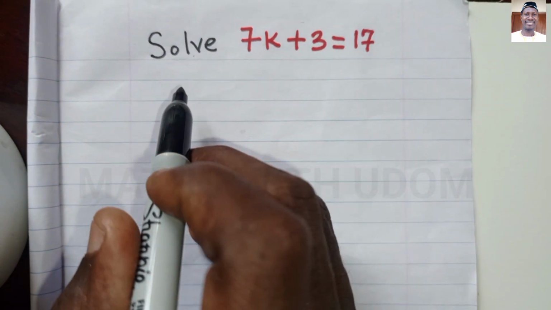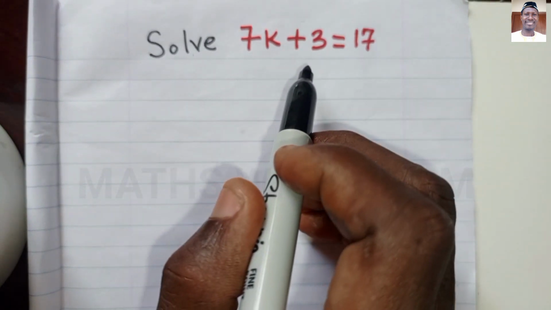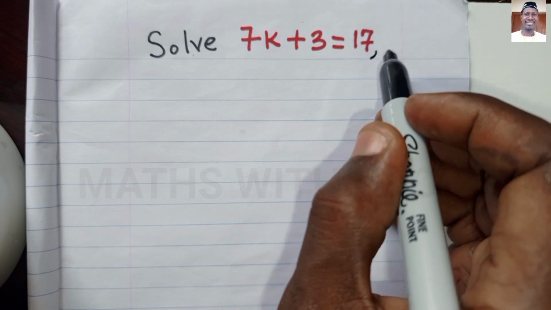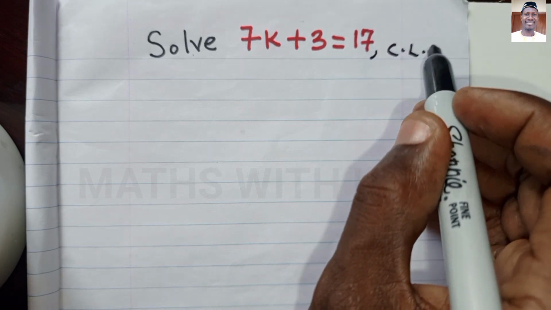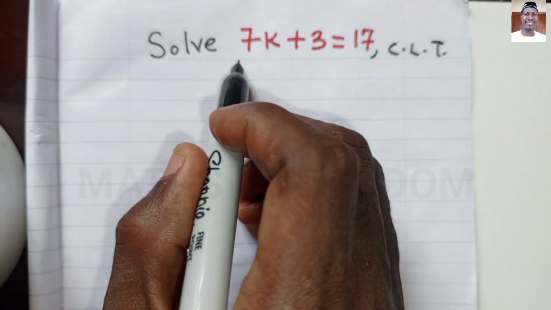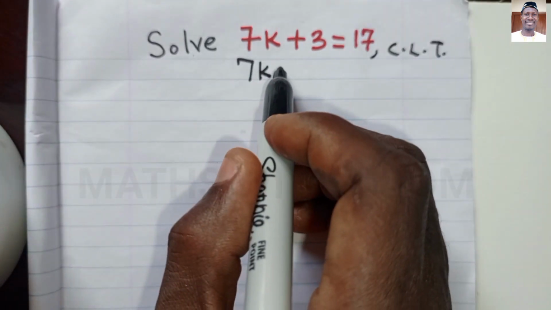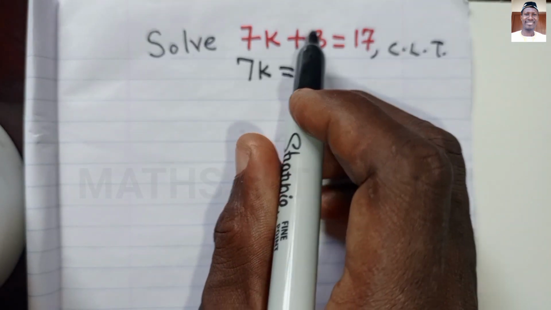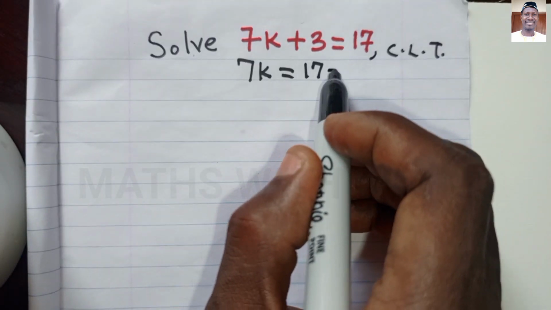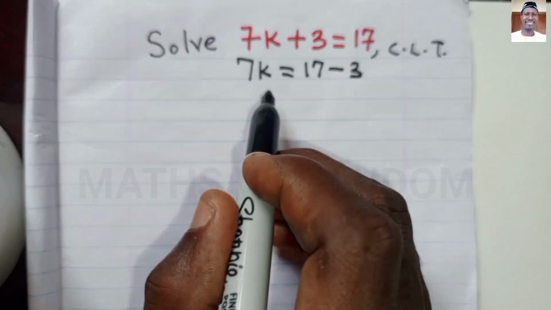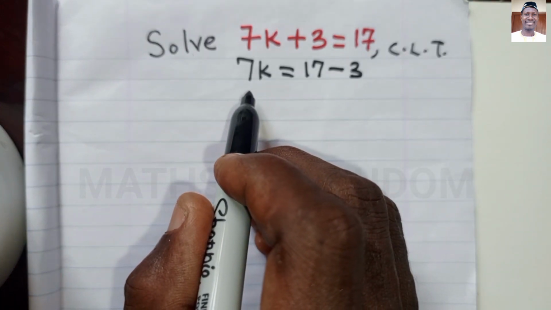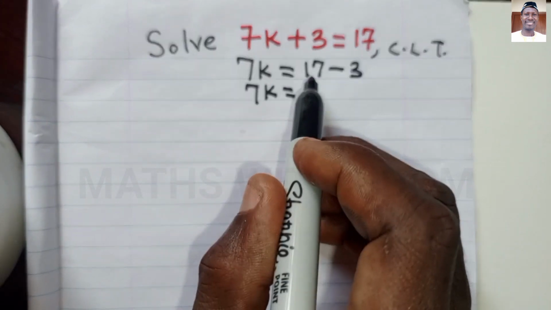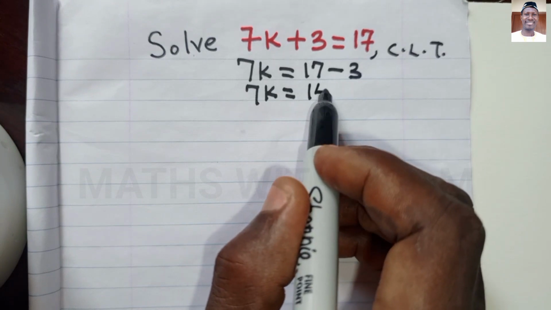Hello, we have to solve this equation. Solve 7k plus 3 is equal to 17. The first thing to do is to collect like terms. So we have 7k equals 17. Then plus 3 will cross over to the other side and turn to minus 3. So we have 7k equals 17 minus 3, which gives us 14.